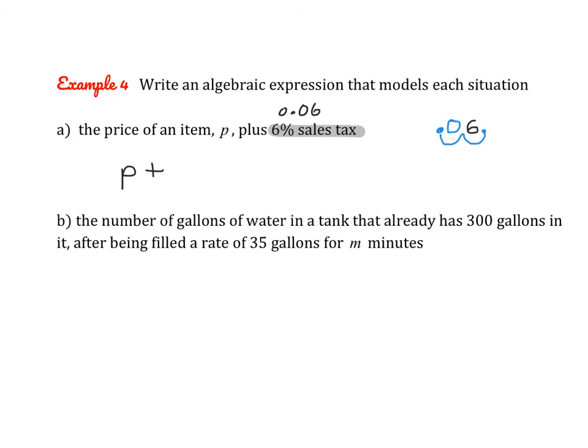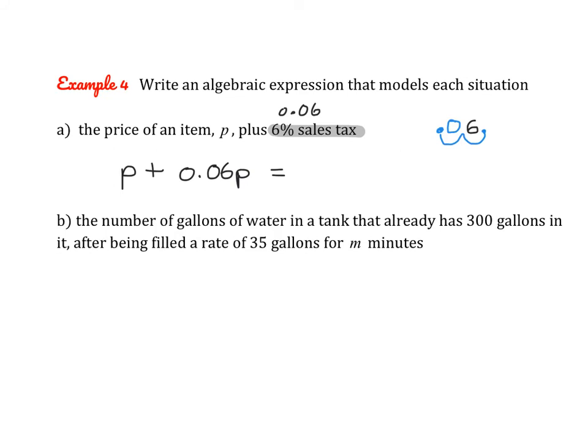0.06. And then to calculate the percentage, we do the decimal times the total. So we actually do 0.06 times P. So this term tells you what 6% of the price is. So we have the original price plus 6% of that price.